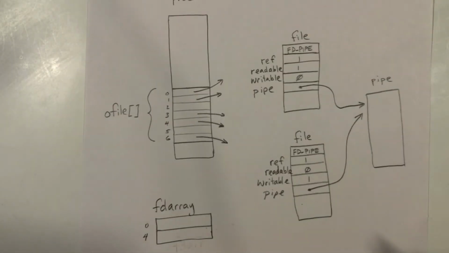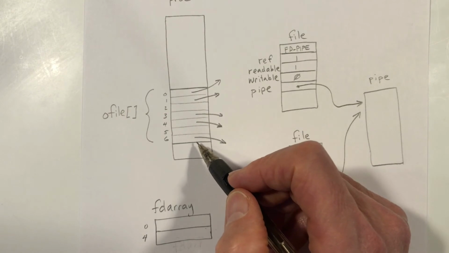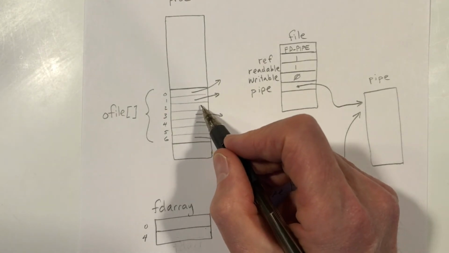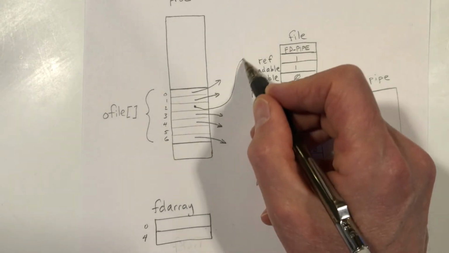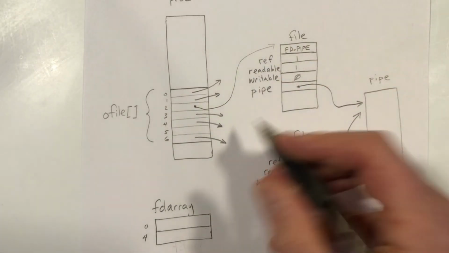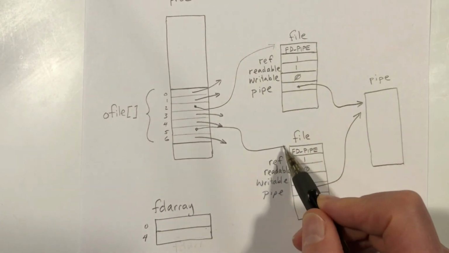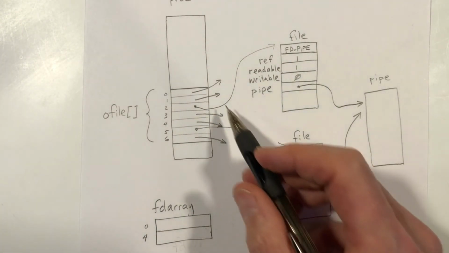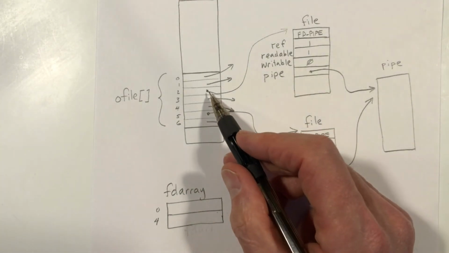And then what this system call will do is it will search the open file array and find the first unused slot and make that point to the read end, and it will find the next unused slot and make that point to the write end. And then it will save in this array the file descriptor for the read end.